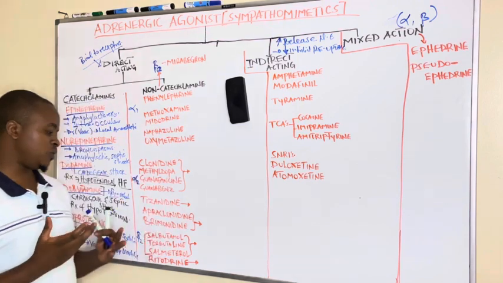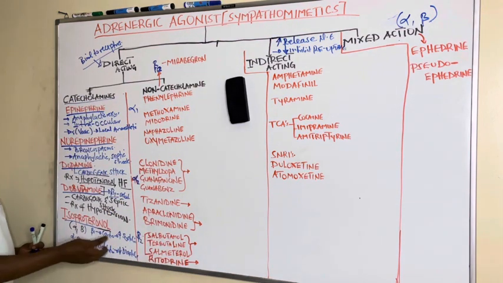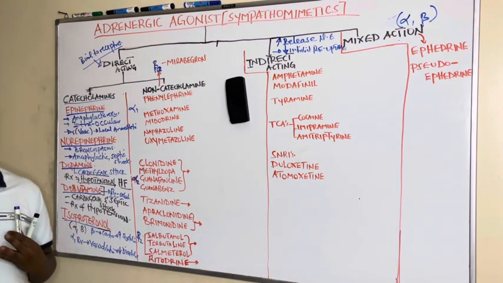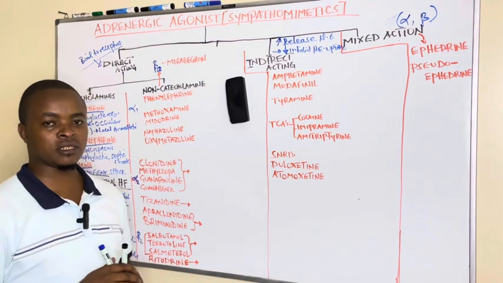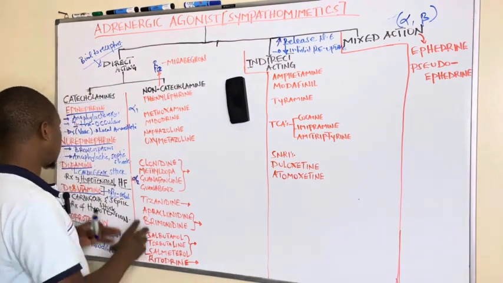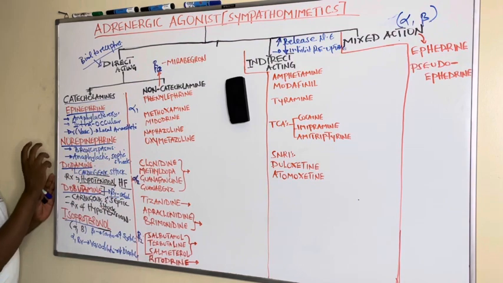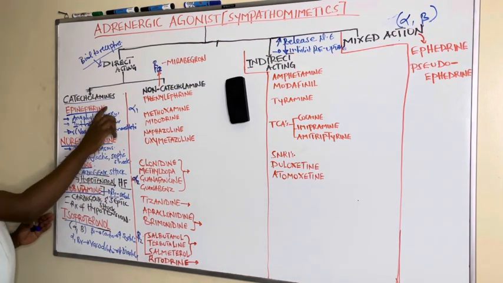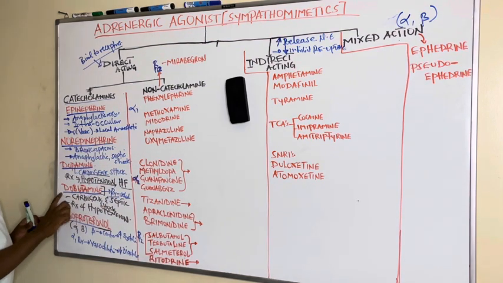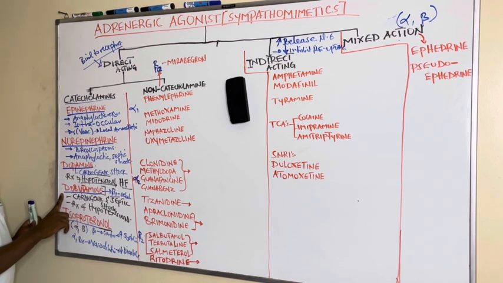So it cannot be used in the treatment of hypertension due to those dynamics, so it is of less therapeutic use. So this is what we can discuss under catecholamines, both endogenous and exogenous catecholamines.